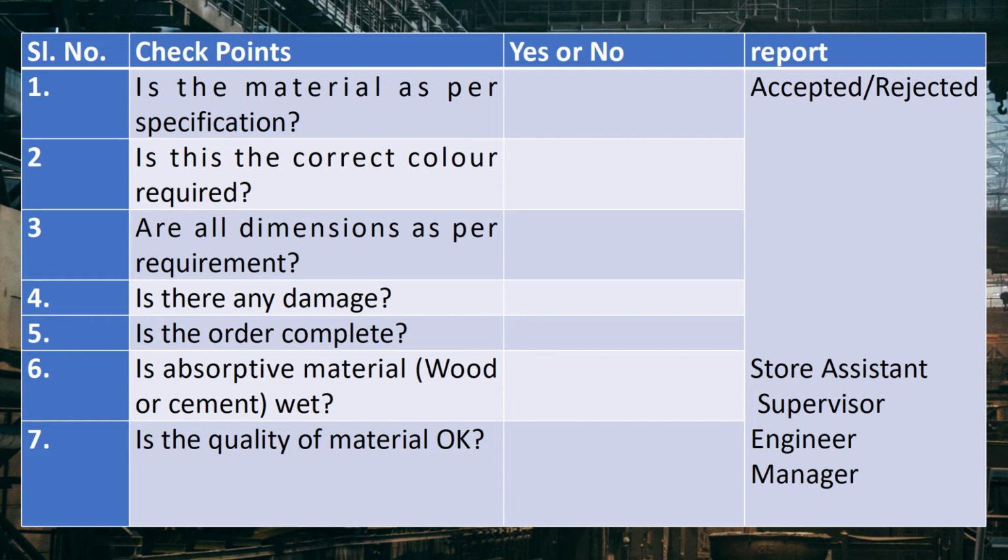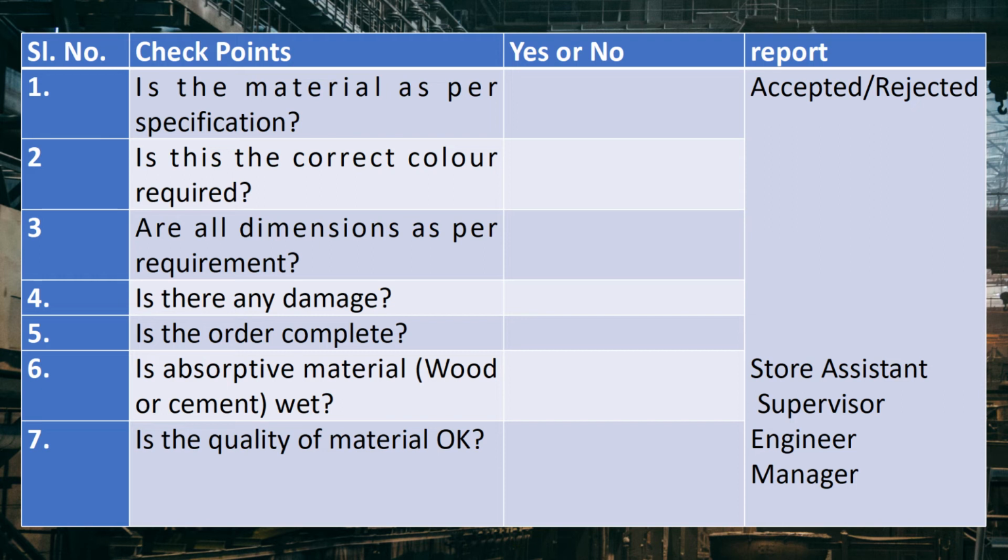Second point, is this the correct color required? Are all the dimensions as per requirement? Is there any damage? Is the order complete? Is any absorptive material there? Whether it is wet? Whether the quality of material is okay or not?